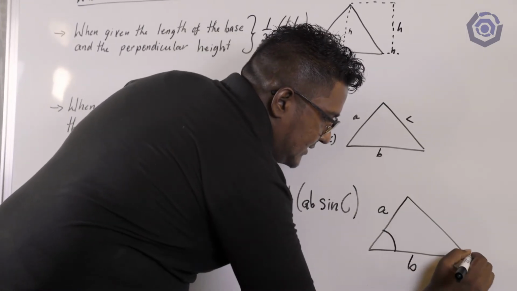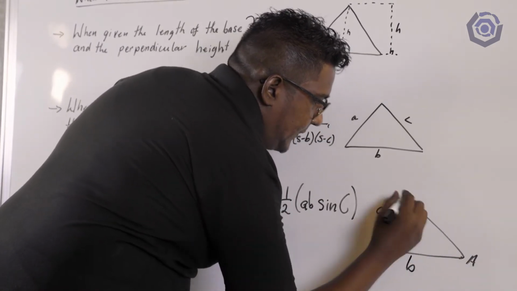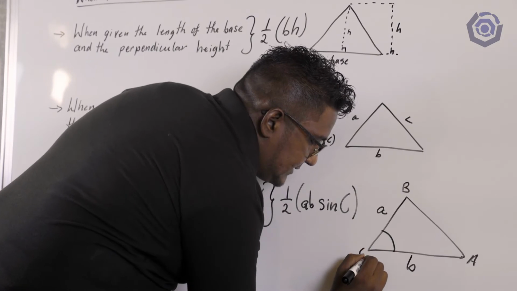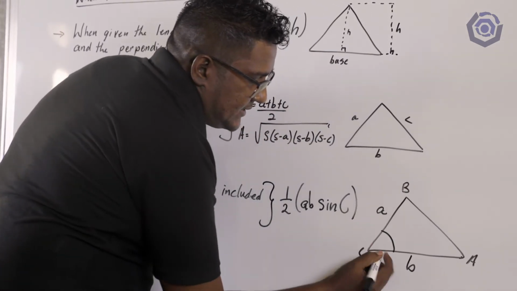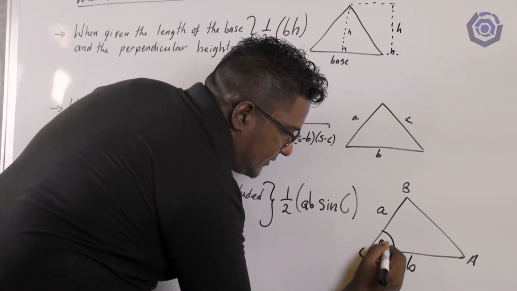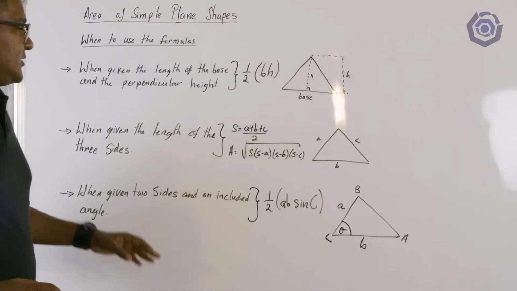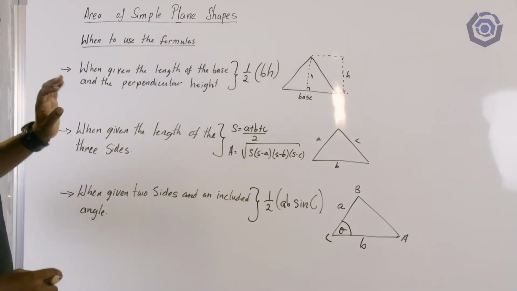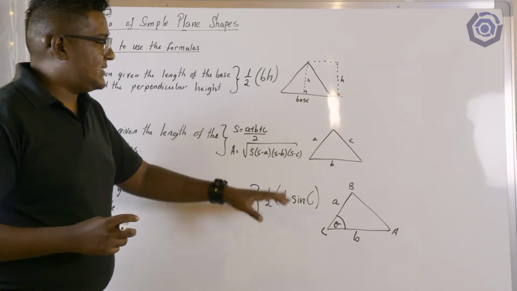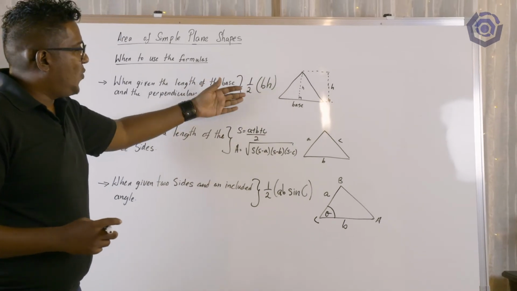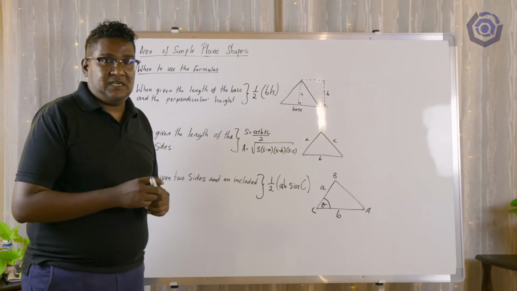Let me label this: this is A, this is B, and this is C. So it's 2 sides and the angle found at C. When you are looking at your triangle, based on what is given, you should be able to know which of these formulas to use to find the area of that triangle.